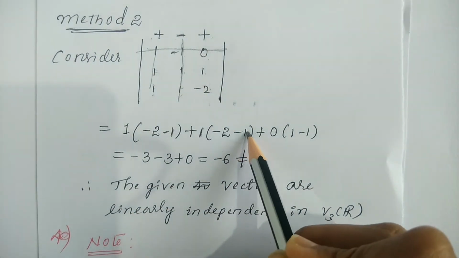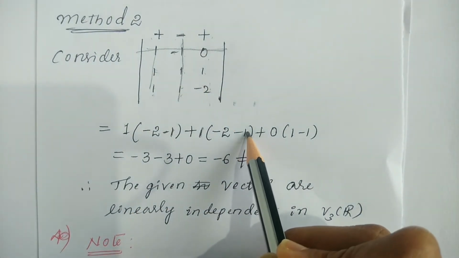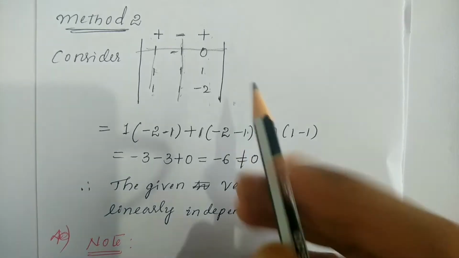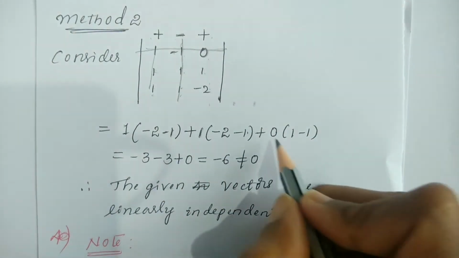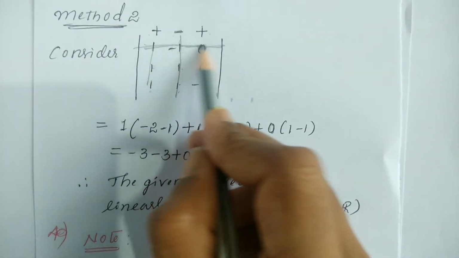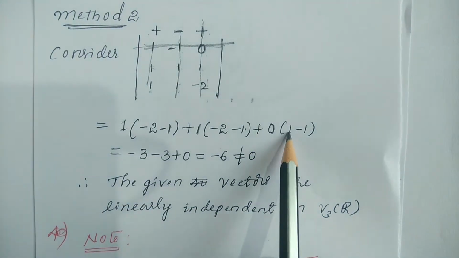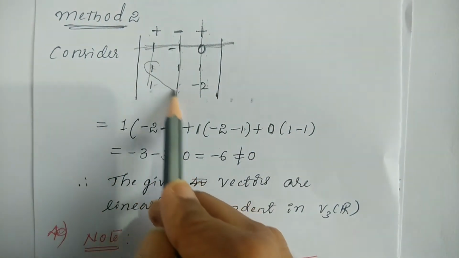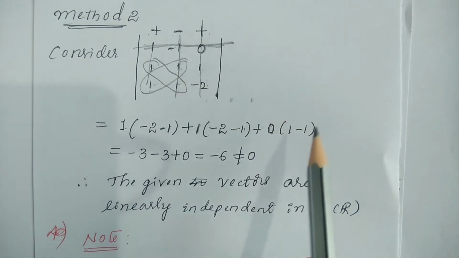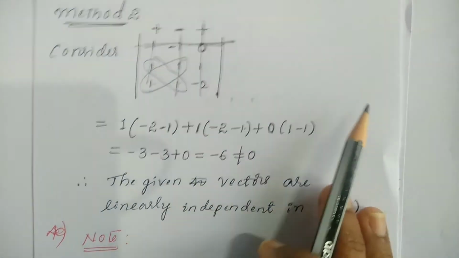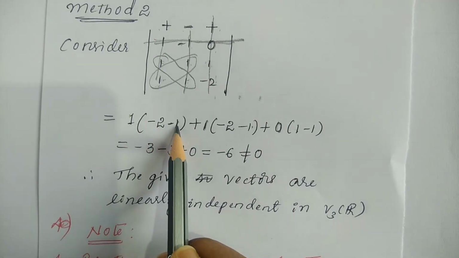Is it okay to find the determinant? You studied how to find a determinant in class 11 and BSc first year also. So here plus 0, and this one is first row and first column. For that, 1 ones are 1 minus this one, consider this one and this one: determinant 1 ones are 1 minus 1 ones are 1. So the final answer is what? Minus 2 minus 1, that is minus 3.